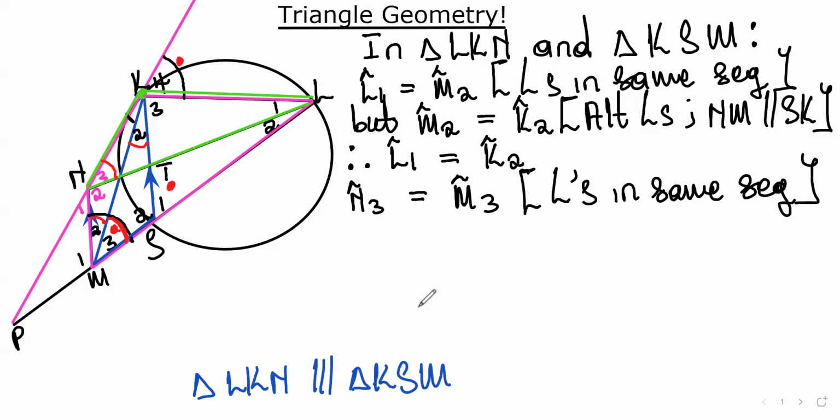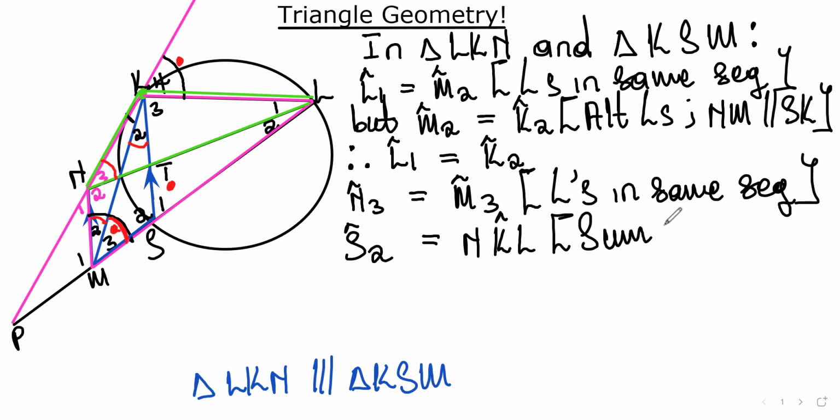Okay, so now we have everything that we need. We have done everything. So now it's time to make a conclusion. Given everything here, it means angle S2 is also going to be equal to angle NKL because of the sum of interior angles of a triangle.